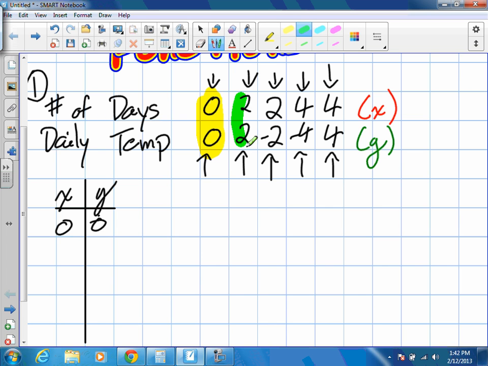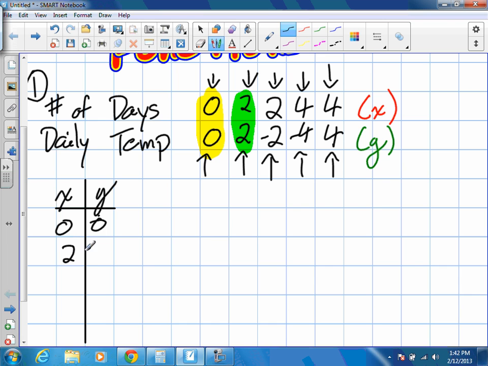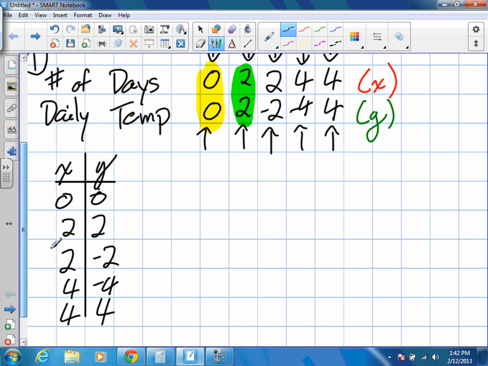Then we have 2 and 2 as another coordinate. 2 days had a temperature of 2. 2 more days had a temperature of negative 2. 4 days had a temperature of negative 4. And 4 more days had a temperature of 4. Okay. So this is how we represent this information as a table of values.